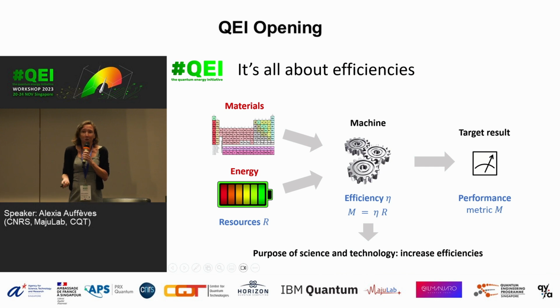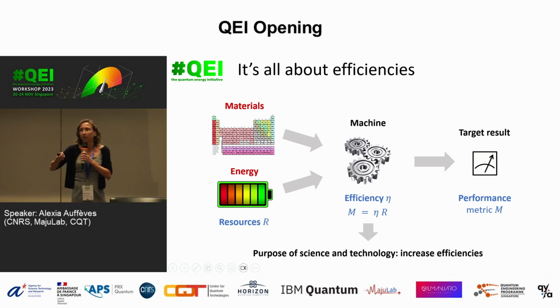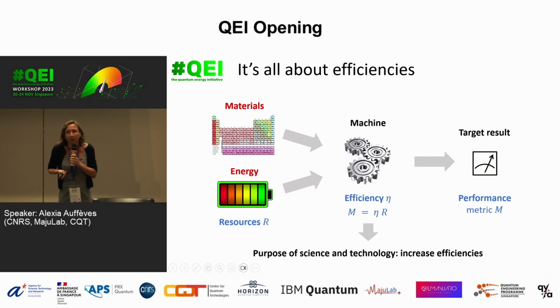Then this machine will do the task with a certain metric of performance, but you need to feed this machine in the first place with energy, obviously, and with any kind of resources. Then the efficiency is just the performance divided by the resource cost. And the purpose of science and technology in general is to increase this efficiency, right?